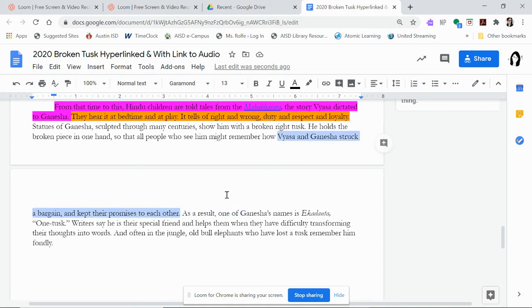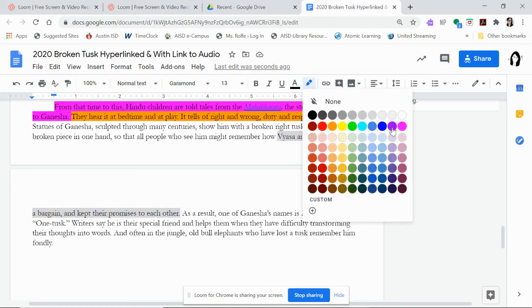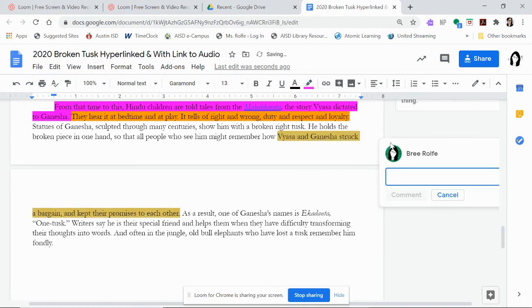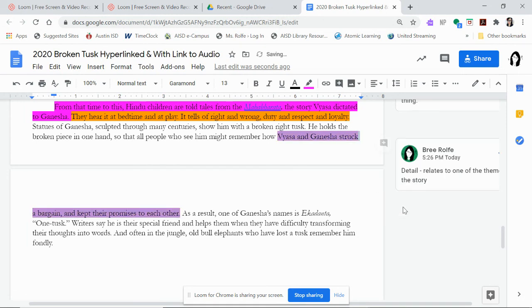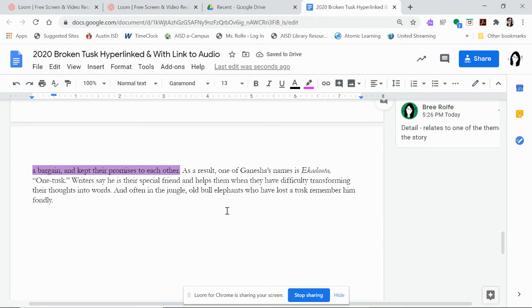I'm going to highlight this as an important detail because I think this has a lot to do with, it relates to kind of one of the themes of the story.